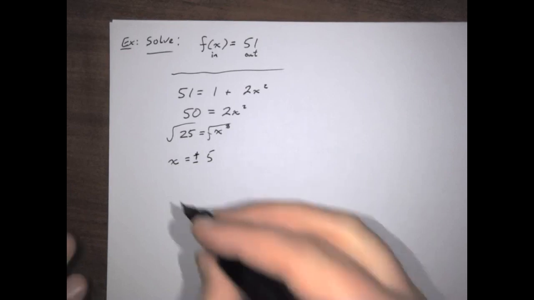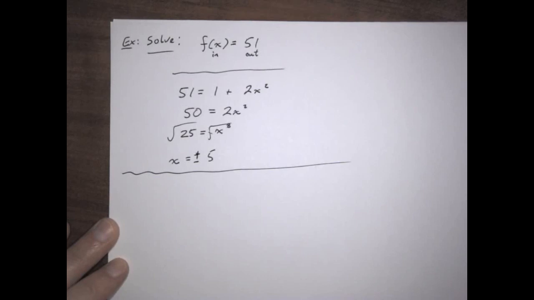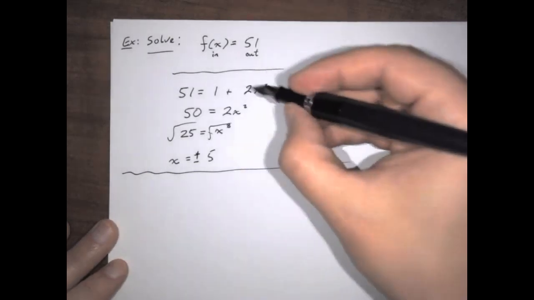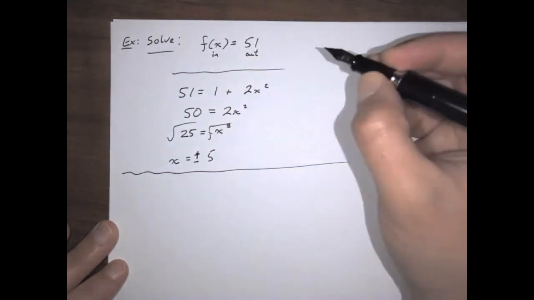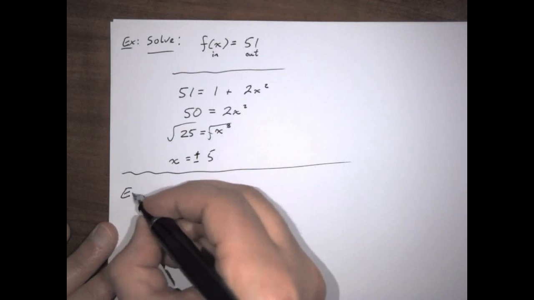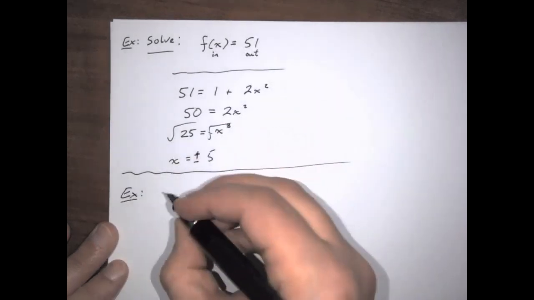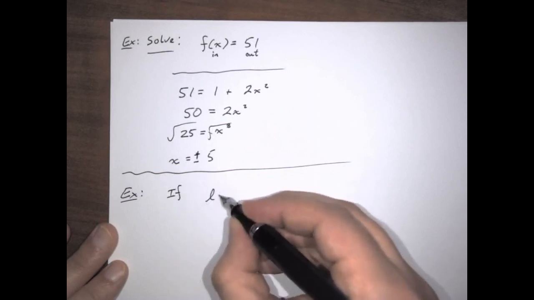Now, things could get more complicated if we have a more sophisticated equation to solve. This one, we got lucky because there was only one copy of the variable we were solving for. But we might have a different situation. So let's say we have something like L of t.